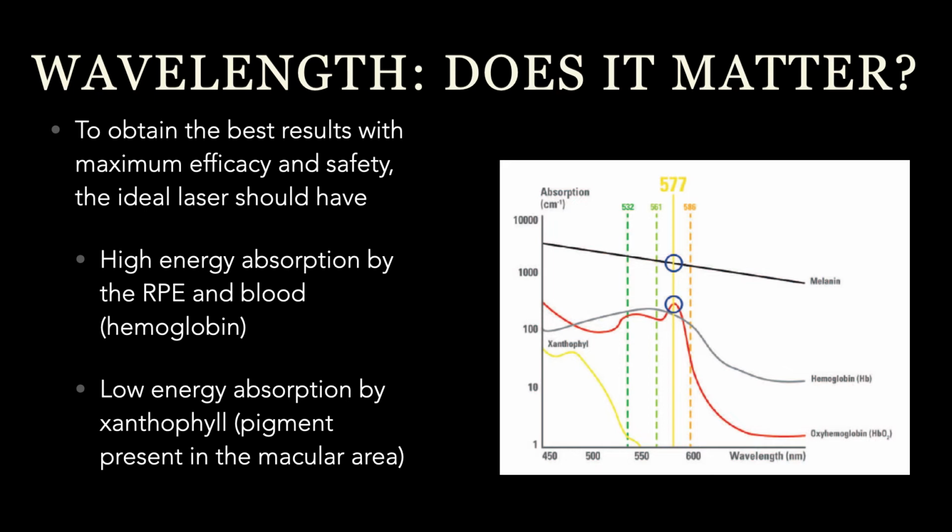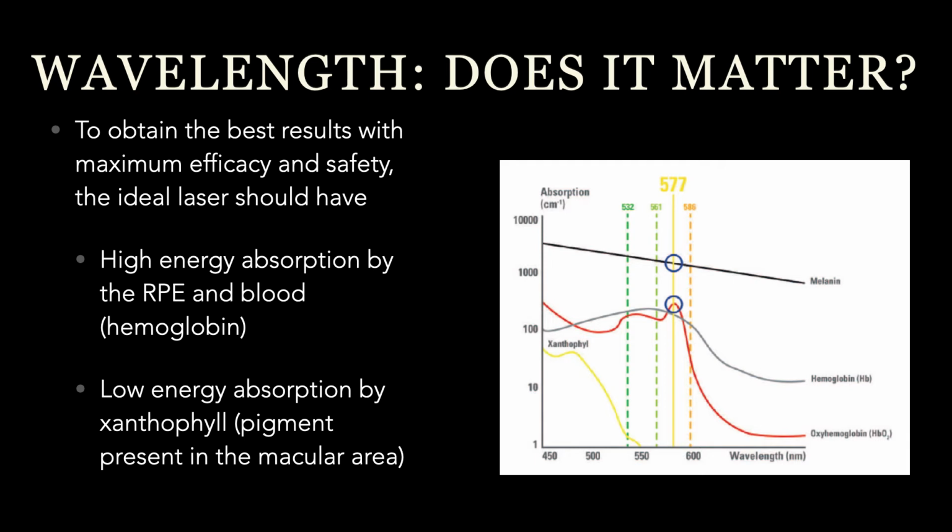To obtain the best results with maximum efficacy and safety, the ideal laser should have a high energy absorption by the RPE and blood, or rather the hemoglobin, and a low energy absorption by the xanthophyll, which is the pigment present in the macular area. And here you can see different absorption curves of the different pigments in the back of the eye.